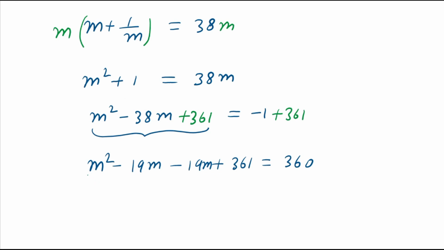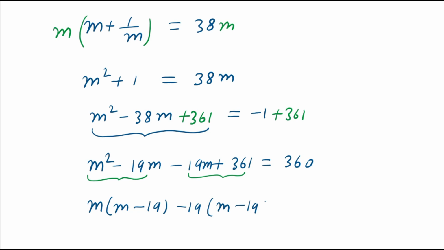Now look carefully at the first two terms and then the last two terms. If we take m common in the first two terms, then m² divided by m is m, and −19m divided by m is −19. And in the last two terms, if we take −19 common, then −19m divided by −19 is m, and 361 divided by −19 is −19, and this is equal to 360.